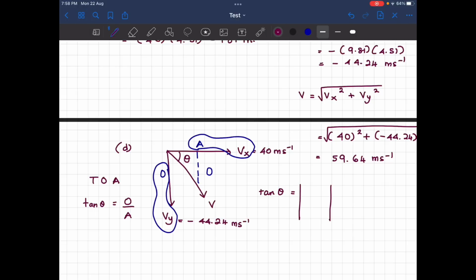So negative 44.24 divided by, because opposite over adjacent, our opposite is the value of Vy, negative 44.24, divided by our adjacent, the value 40. So you press your calculator, and I think you get your answer to be 47.88. Okay, thank you.